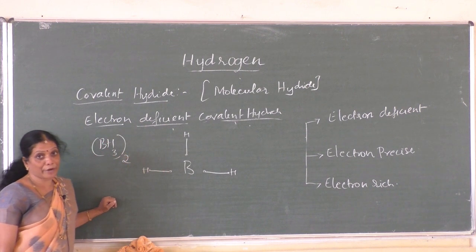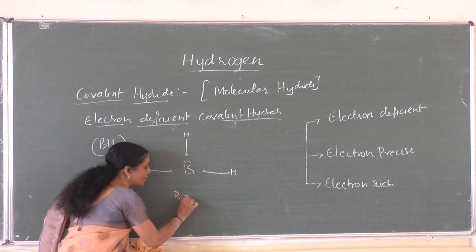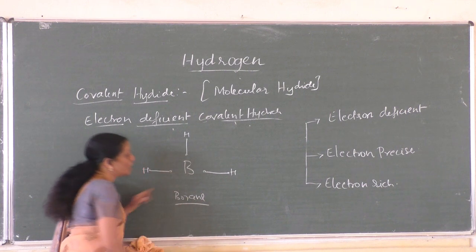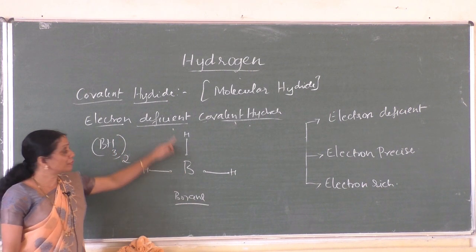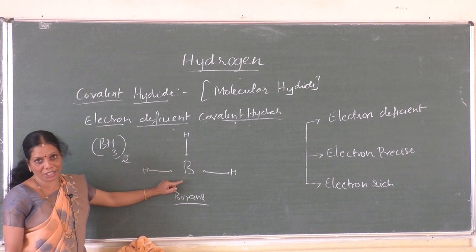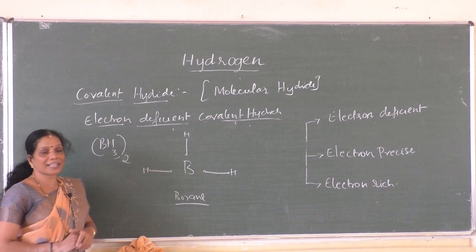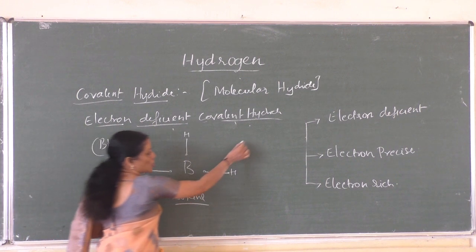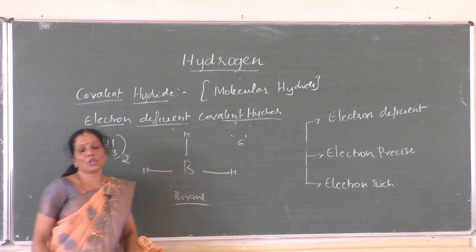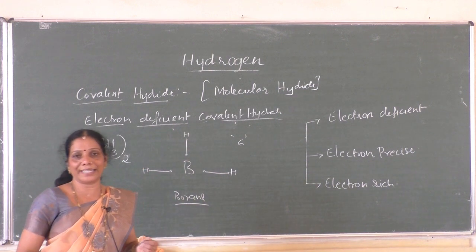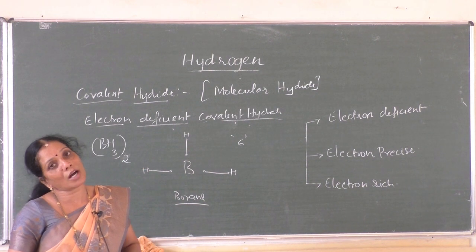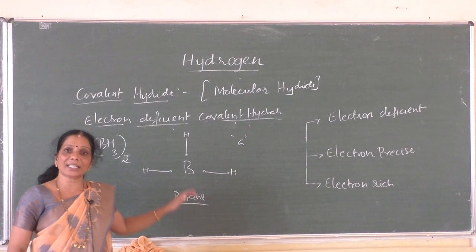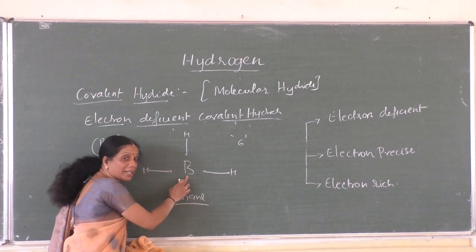This is the borane I have written, and you can see here, if I consider this boron after the formation of the covalent bond with hydrogen, totally how many electrons are there surrounding that boron? 6 electrons, isn't it? We know that the Lewis dot structure we write always depends on what? Octet rule. That means 6 electrons are there surrounding this boron atom in borane.